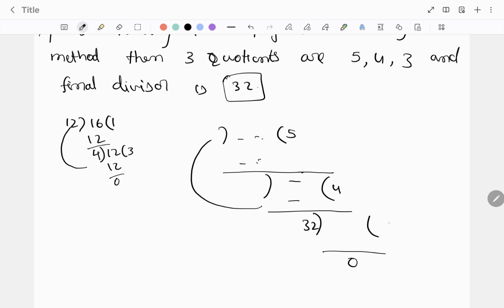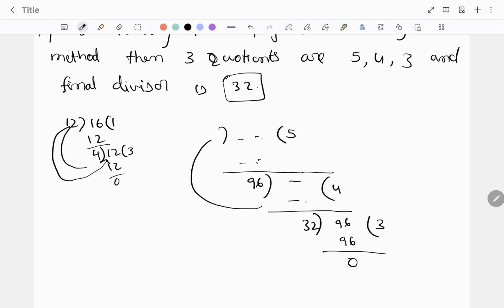5, 4 and 3. Now 32 into 3 is 96. From which number should 96 be subtracted so that we get 0? That is 96. What is this 96 here? This 96 becomes the dividend, meaning the previous divisor.